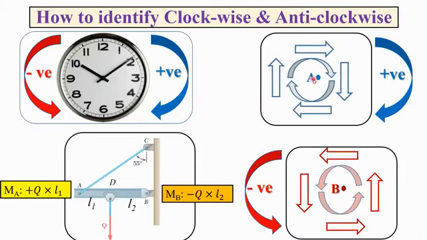Say this is a point about which you are taking moment, this is the clockwise direction. So if the force is at the right, it is towards downward, or if the force is at the left, it is towards upward. If the force is on the top, towards right, and if the force is on the bottom, towards left, any of these will always be positive.